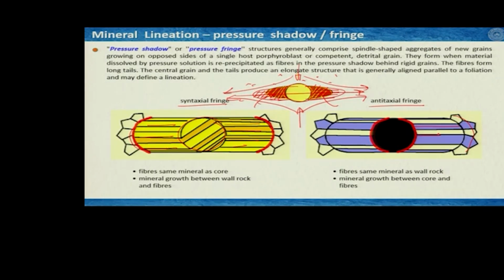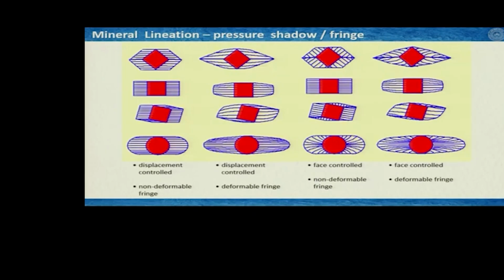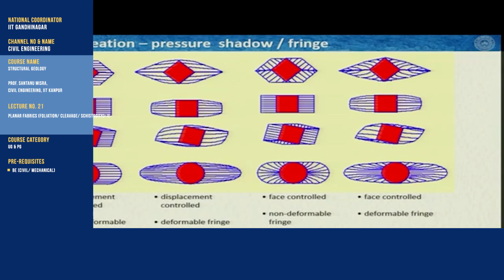And there are many possibilities of looking at this pressure shadow and fringes. So, it could be displacement controlled and it could be phase controlled. That means, the orientation of the fringes can be governed by the overall strain features, or the orientation of the fringes could be governed by the shape of the clast that we are talking about.